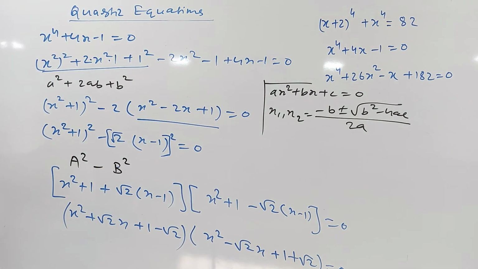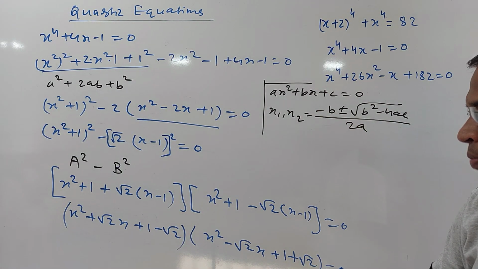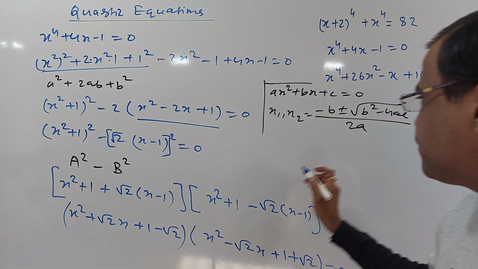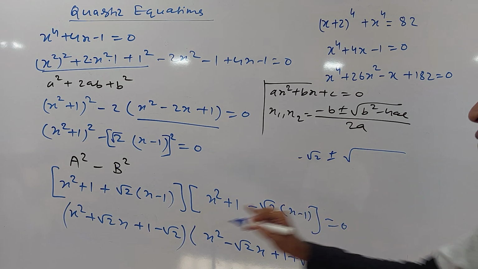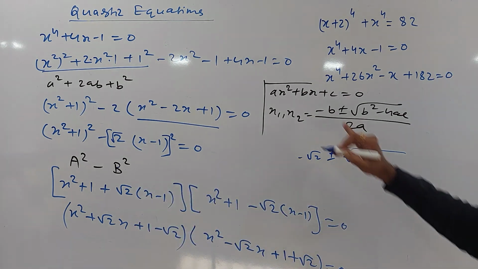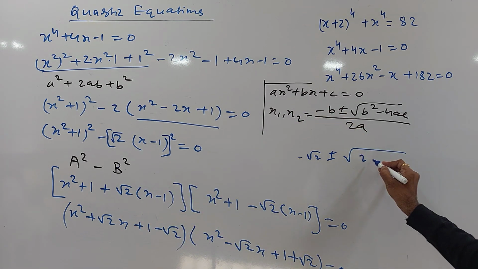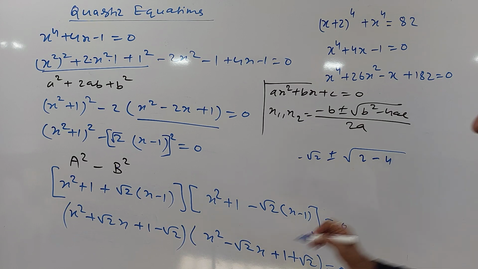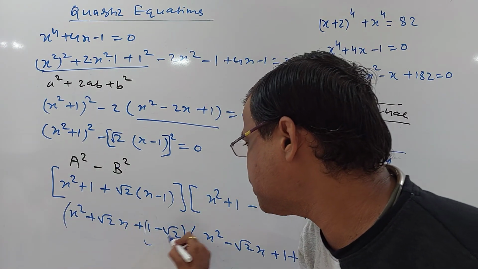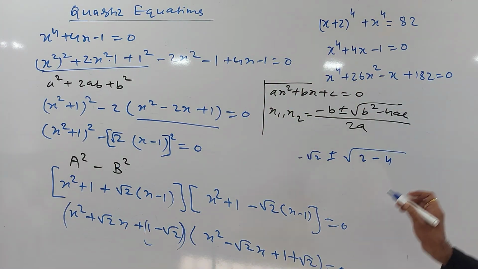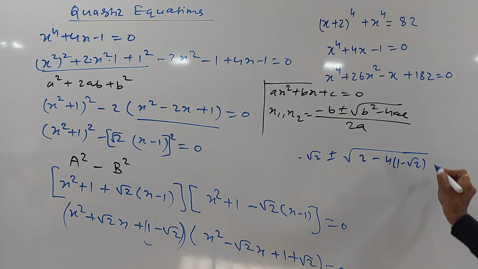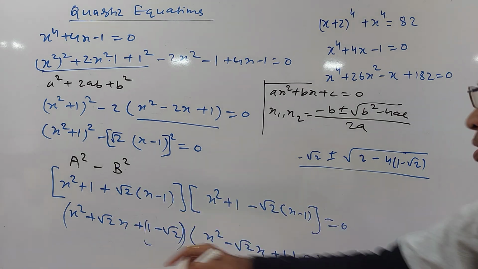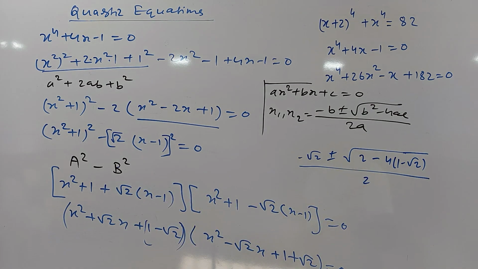So first this. Minus b will be minus root 2, plus or minus b square will be minus root 2, root 2 square, so it is 2, minus 4ac, so 4 into 1 into c, which is this portion, so it is minus 4 times 1 minus root 2, upon 2a, a is already 1. So that is my first case.